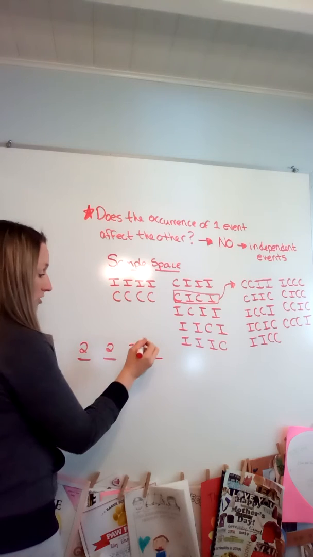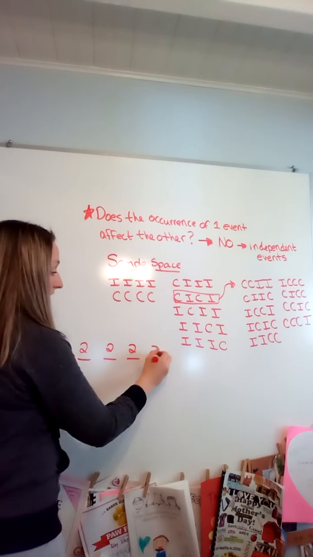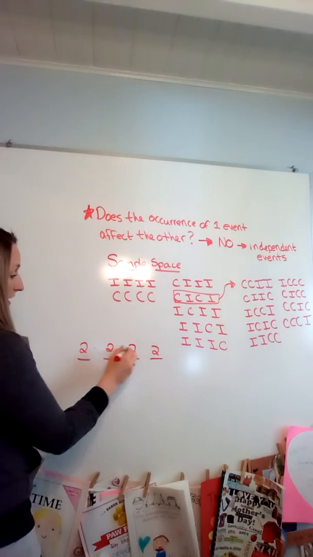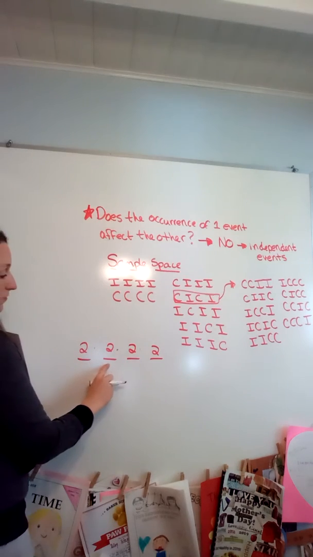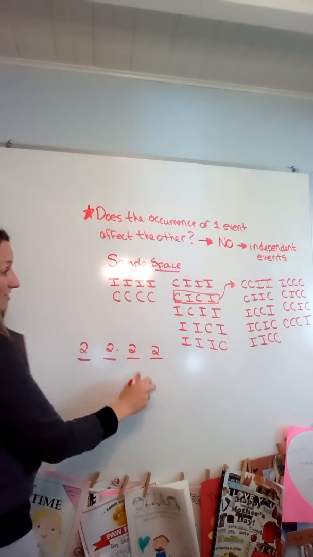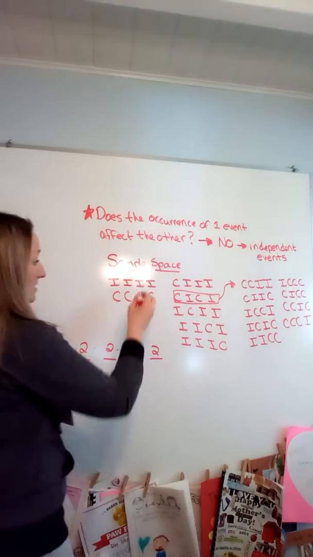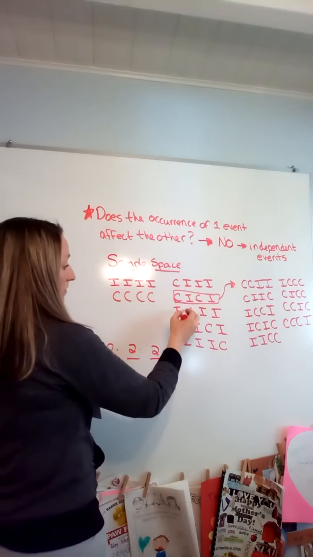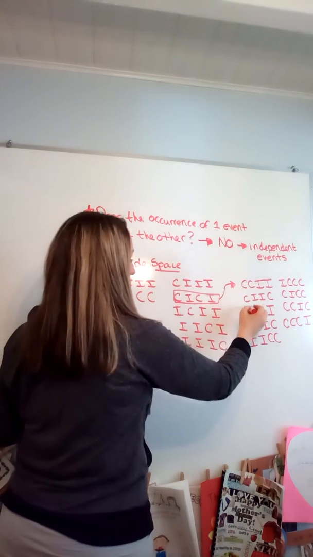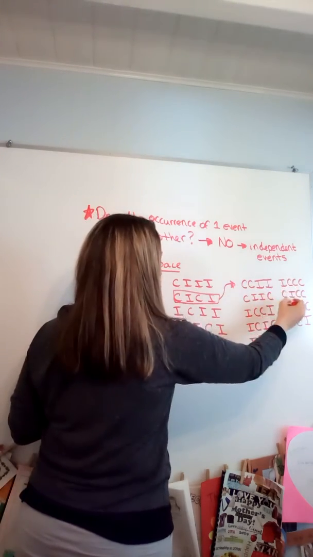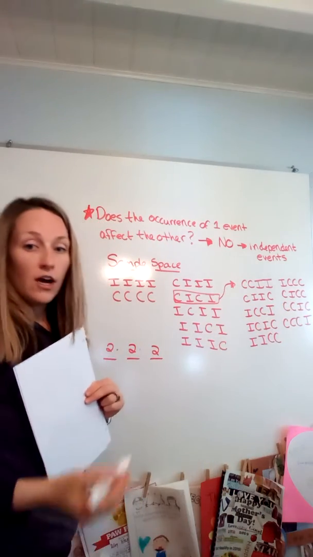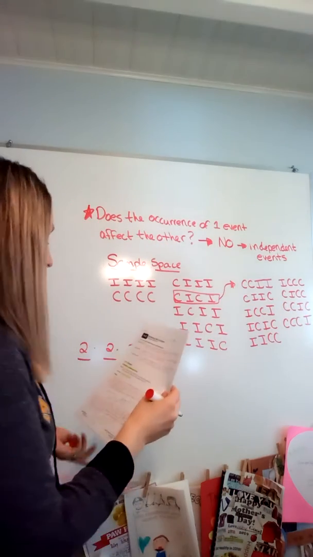The third question, you still have 2 options, and the fourth question, 2 options. So 2 times 2 is 4, times 2 is 8, times 2 is 16. Let's make sure I have them all listed. 1, 2, 3, 4, 5, 6, 7, 8, 9, 10, 11, 12, 13, 14, 15, 16. All right, so I have all 16 options listed.